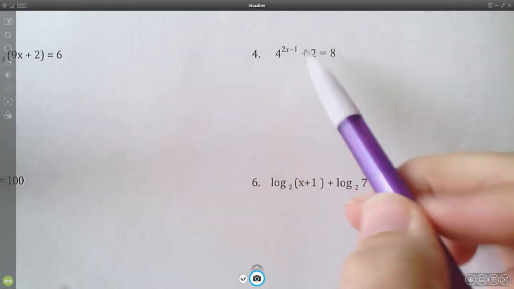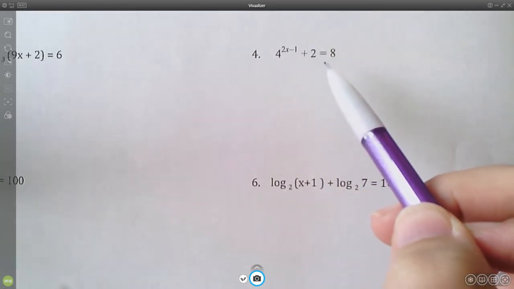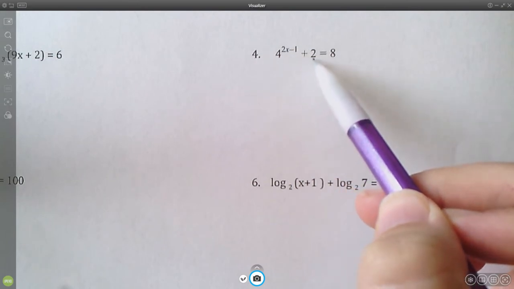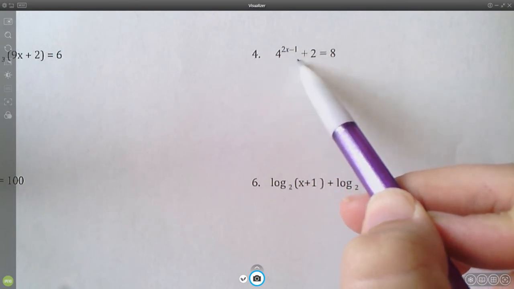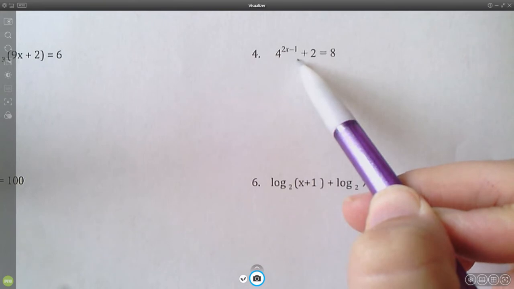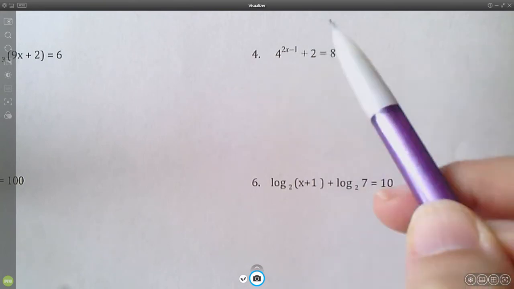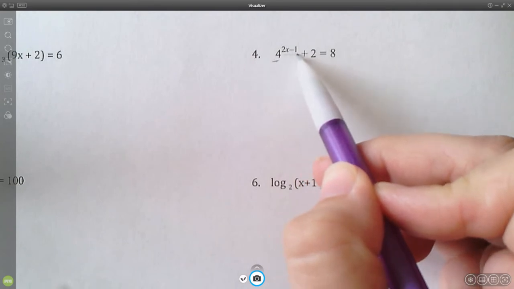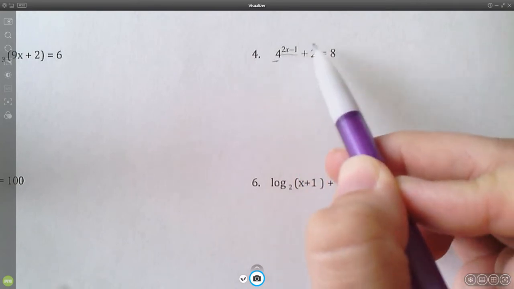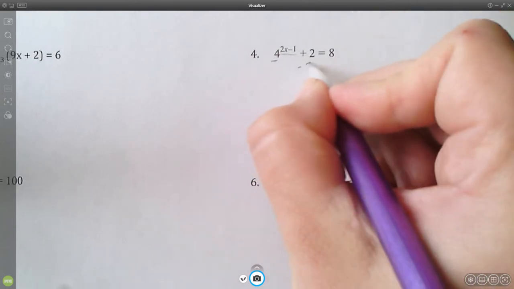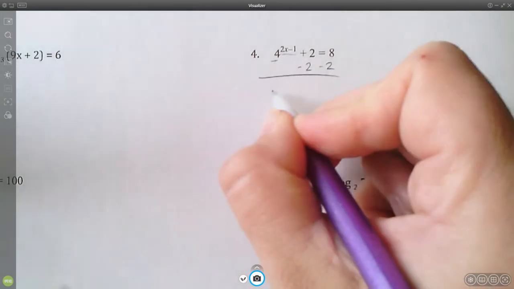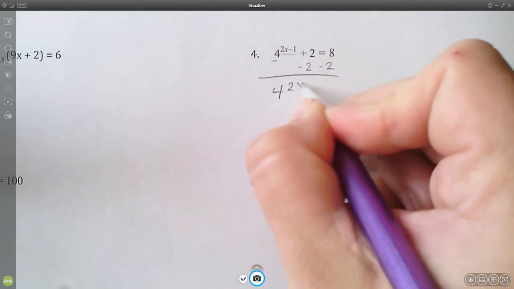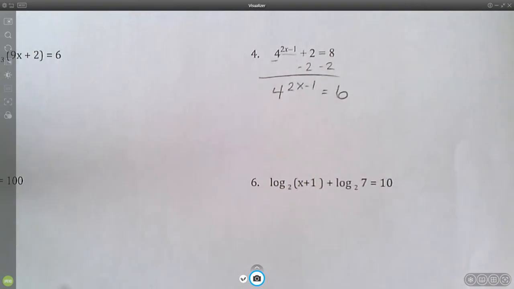Okay, so this one, if it's already written in exponential form and you can't do it on your own, then you know it has to go to log form. So right now we have a base and we have an exponent, but we need to get rid of this 2. So we're going to subtract 2 from both sides. So we have 4 to the power of 2x minus 1 equals 6.